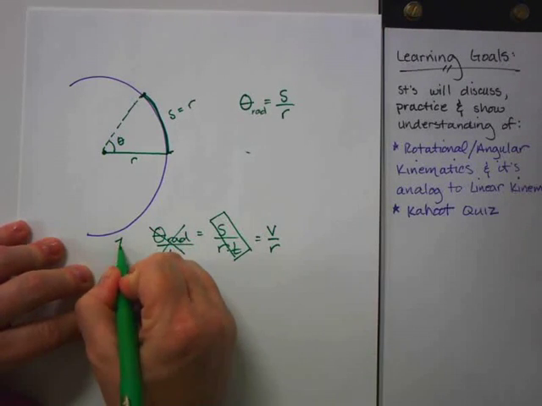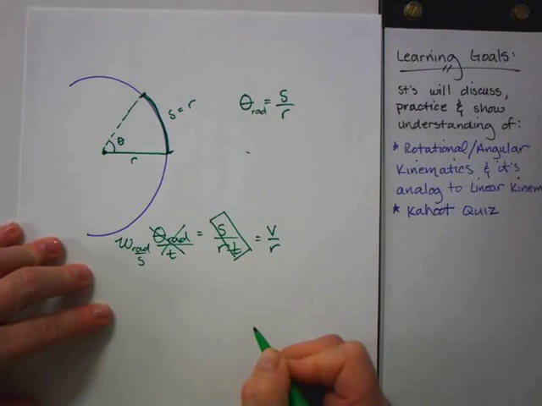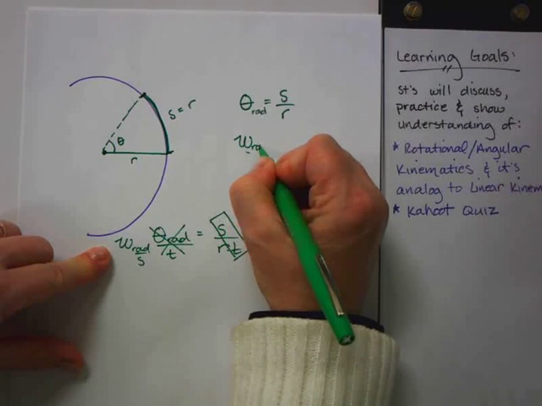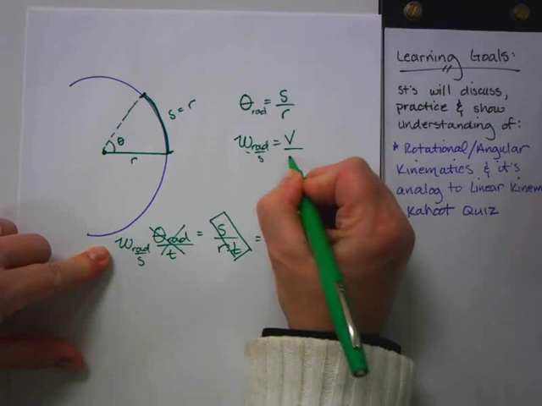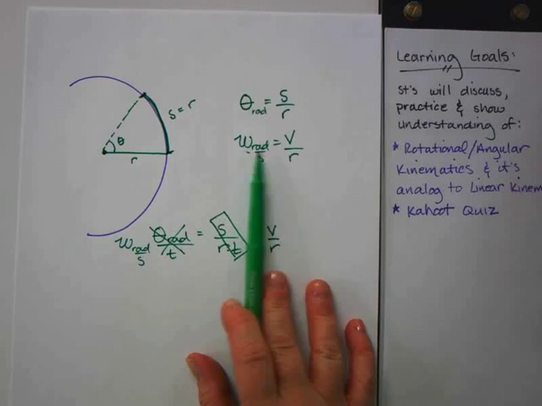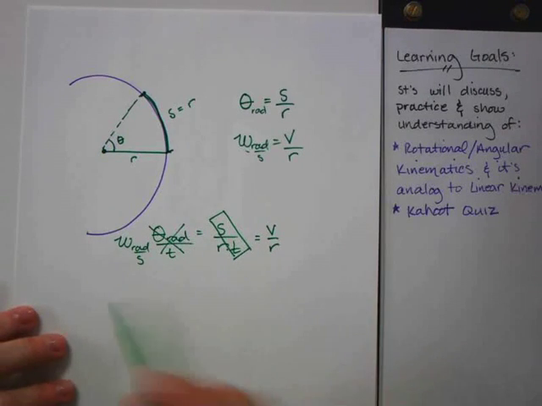So we have a symbol for that, and it's omega. And the units are radians per second. So I'm going to write that up here. So omega in radians per second equals V over R. Again, this is like an angular to linear conversion.